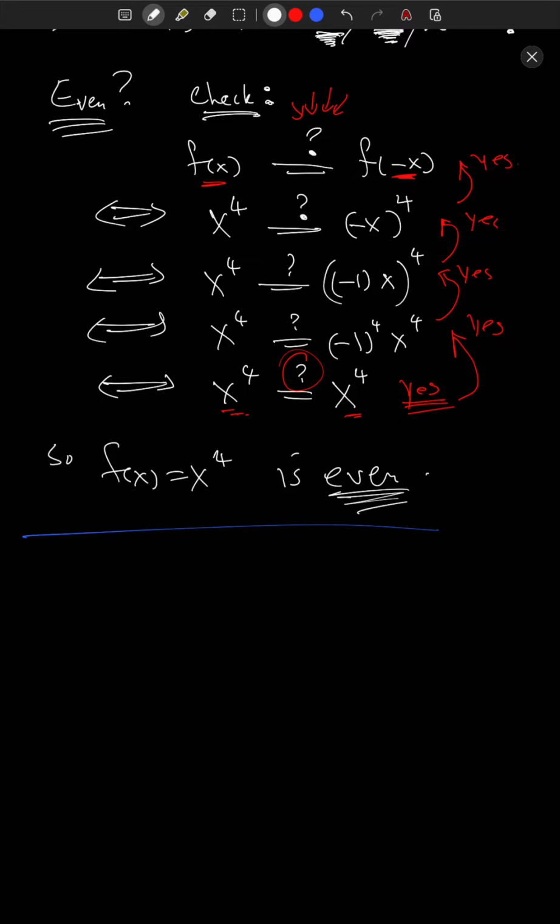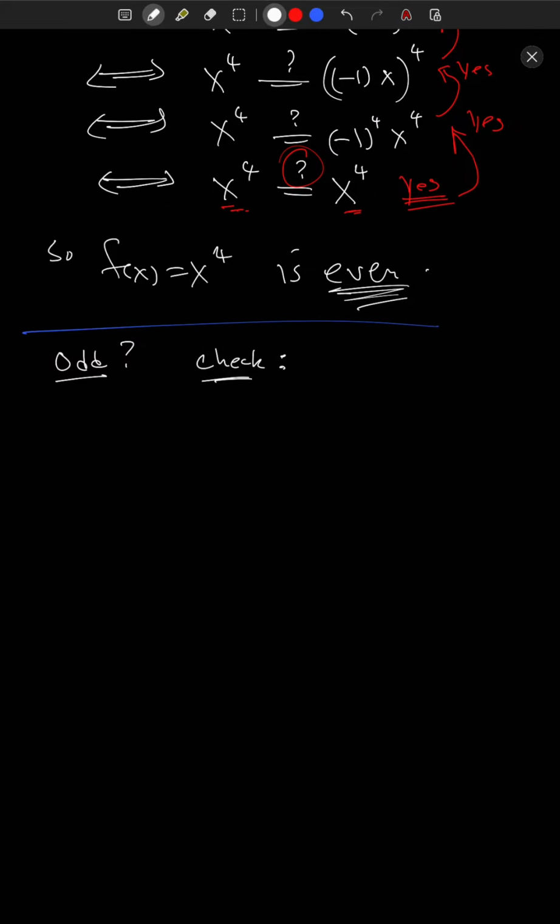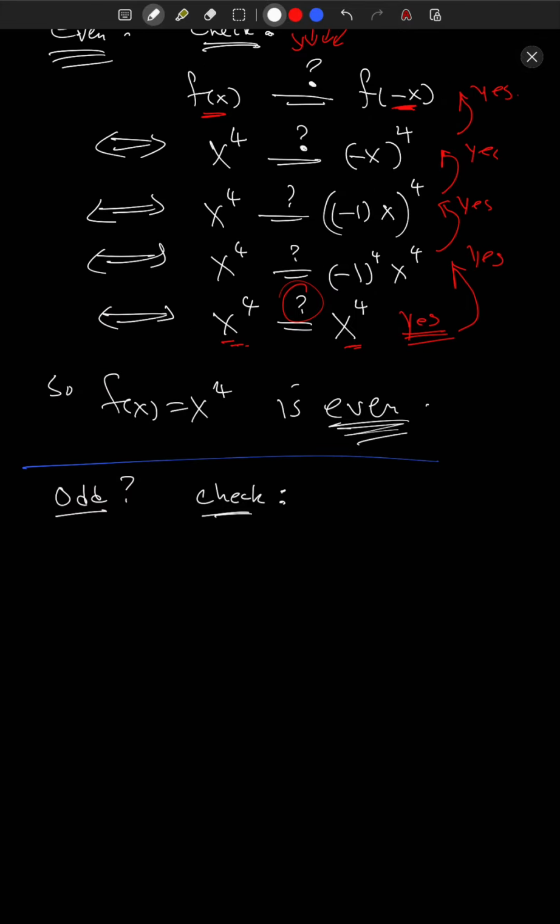So if we were to try to check whether it's odd, this is how we would do it though. All right, just so we can see a situation where it doesn't work. So what does it mean to be odd? It's the comparison between f of x and f of minus x, right?